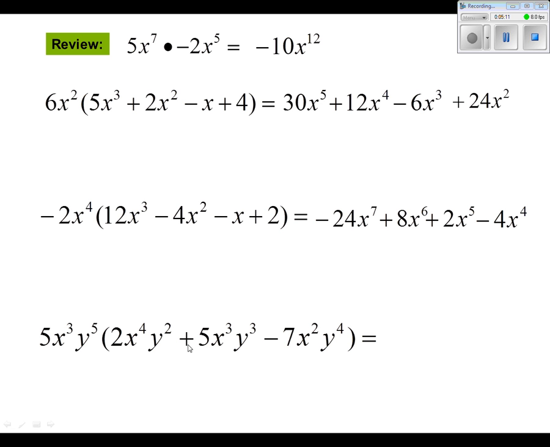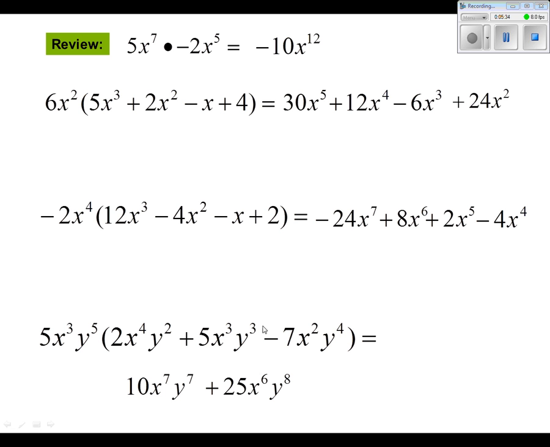Same process here, just a little bit more complicated because I've got x's and y's, but the process is the same. So 5 times 2 is 10, and then for the x's, 3 plus 4 is 7, and the y's, 5 plus 2 is 7 as well. 5 times 5 is 25, 3 plus 3 is 6, and 5 plus 3 is 8.